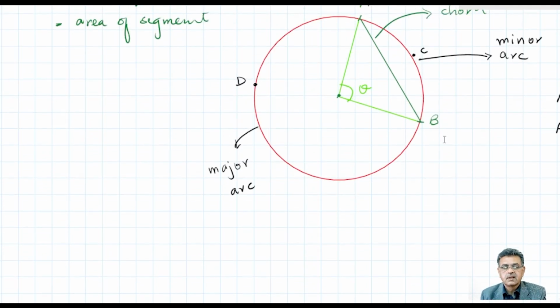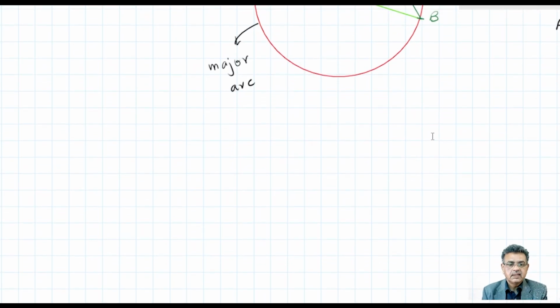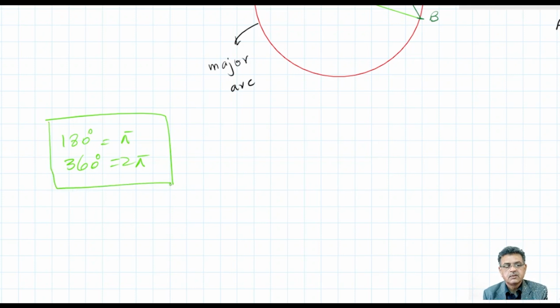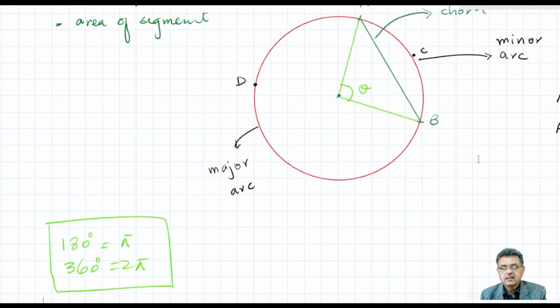As we have already discussed, 180 degrees is pi radians and 360 degrees is equal to 2 pi radians. Keeping this in mind, the formula for length of arc is actually once again a ratio, angle and length of arc.